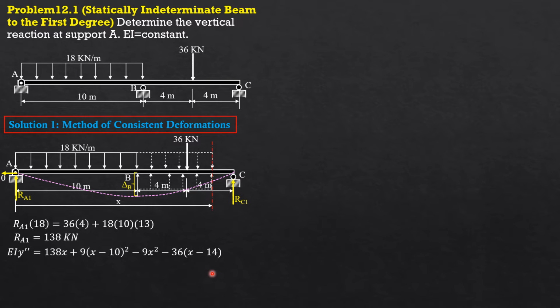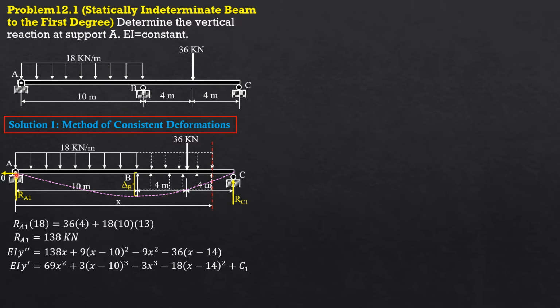So that's the equation of the elastic curve. Integrating once, EI y prime equals 138 over 2, or 69x squared, plus 3 times (x minus 10) cubed minus 3x cubed minus 18 times (x minus 14) squared plus c sub 1.